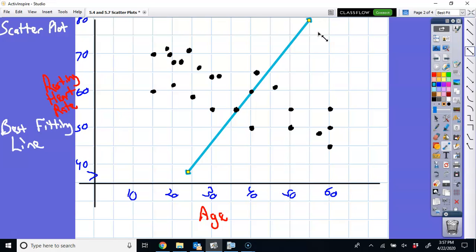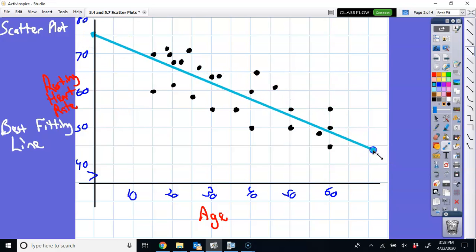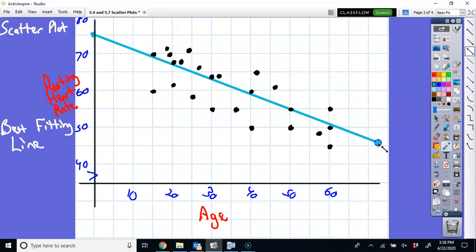To be a best fitting line, it has to fit the points the best. So think about a line. Two things it has: a slope and a y-intercept. So the slope and the y-intercept of this line should match the slope and approximately where the y-intercept would be for this particular line. So you're going to want something that goes down through the points, I'd say probably like this.